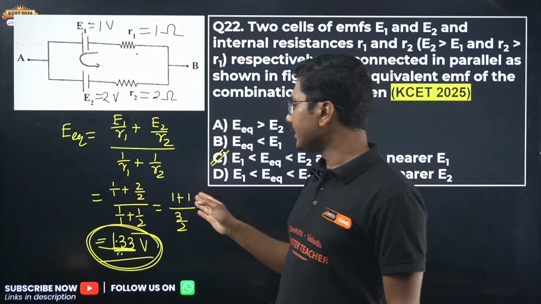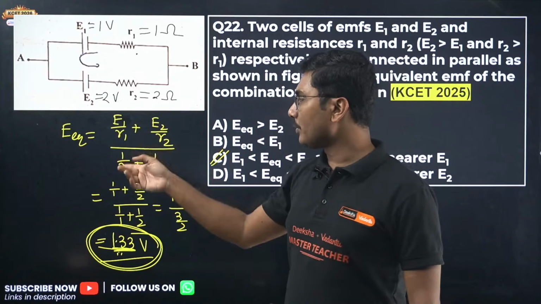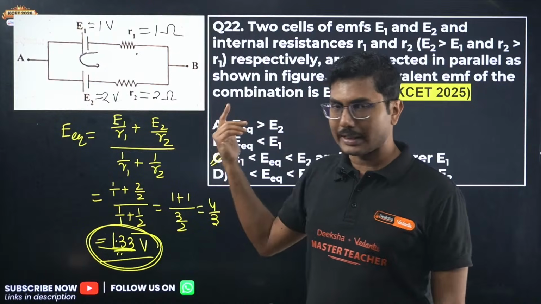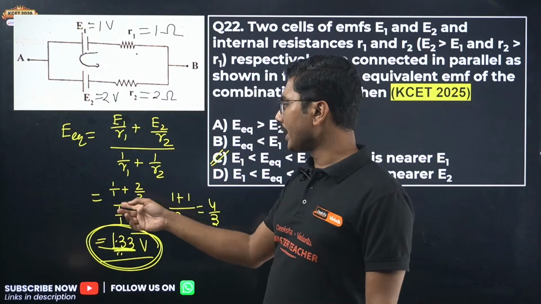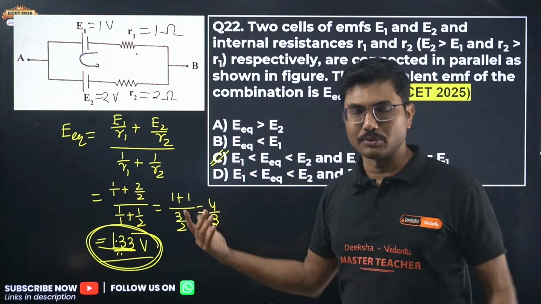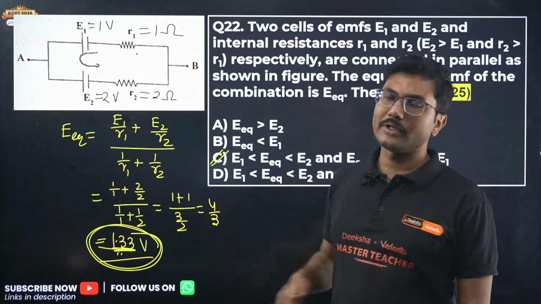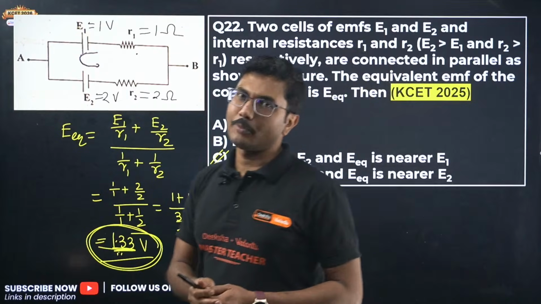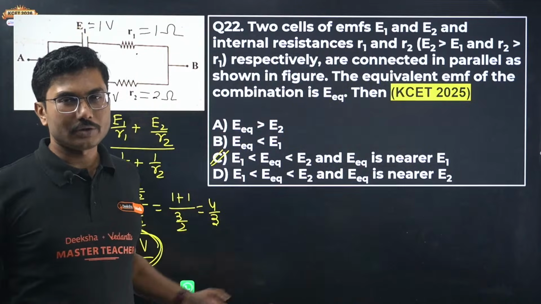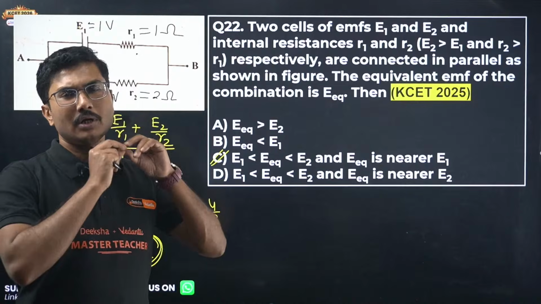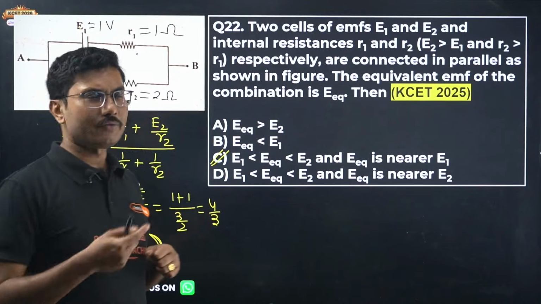In the top we get 1 by 1 plus 2 by 2, that is 1 plus 1, that is 2. In the denominator we get 1 plus half, that is 3 by 2. The numbers are easy, and even after solving you get 4 by 3, which is also an easy number, 1.33. So don't take too big numbers, only small numbers which you can handle quickly and solve simply.